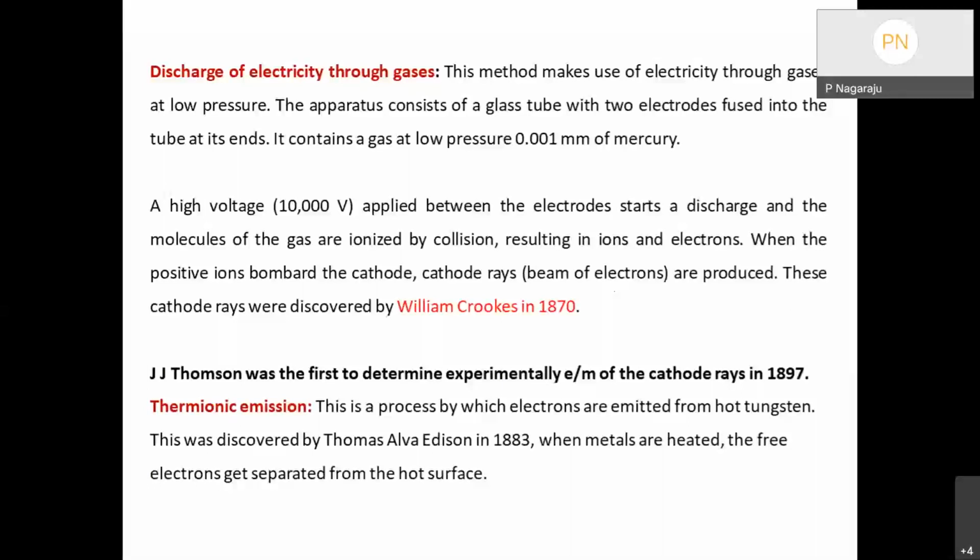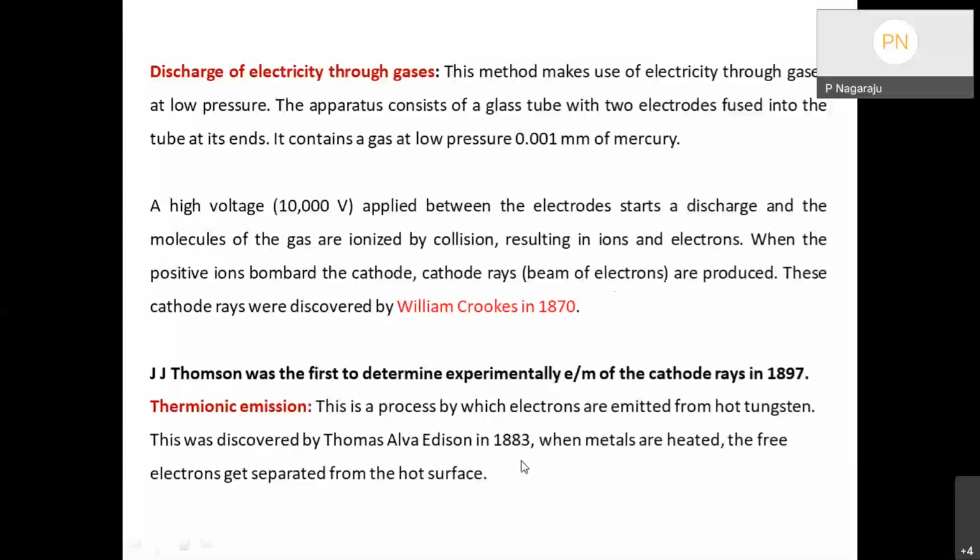And this concept of negatively charged particle was shown by J.J. Thomson in the year 1897, and that is how the electron came into picture. Thermionic emission, and this is a process by which electrons are emitted from hot tungsten, and this was discovered by Thomas Alva Edison in the year 1883.